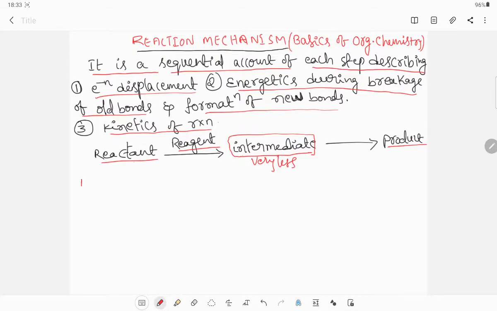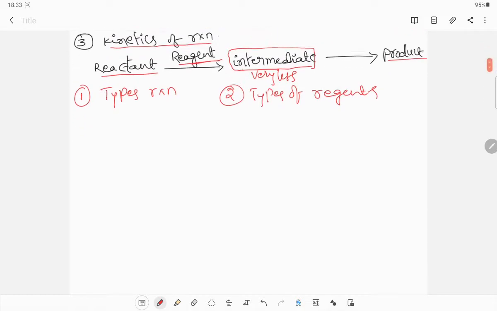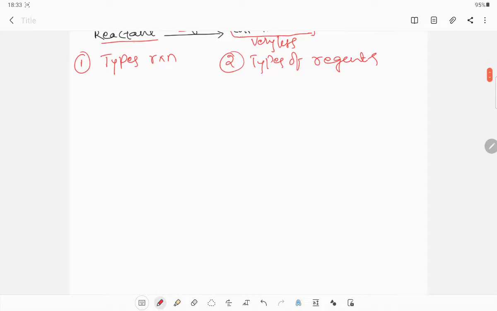So a reaction consists of four characteristics. Number one is what type of reaction. Number two is what type of reagents. Number three is what type of intermediates will be formed.